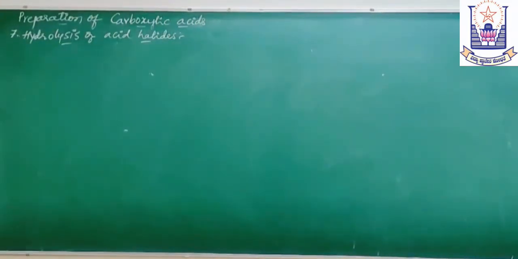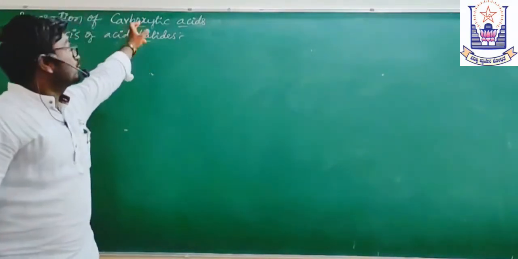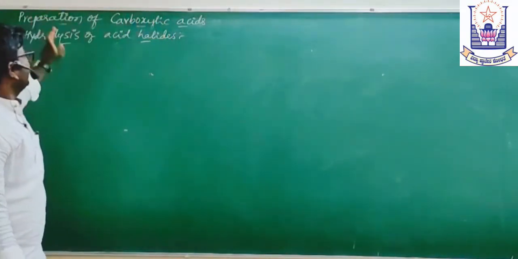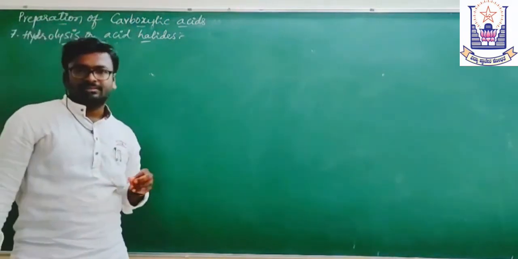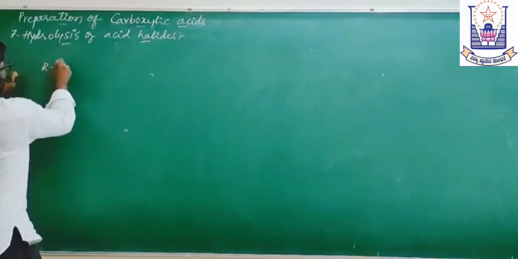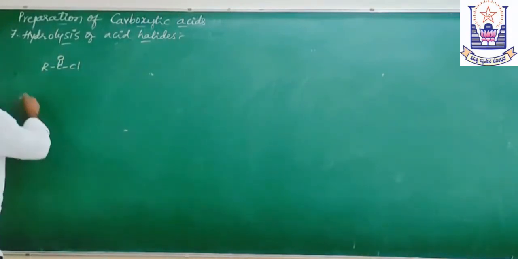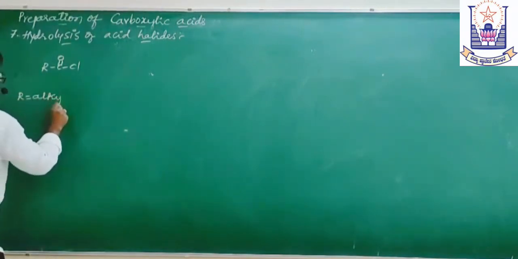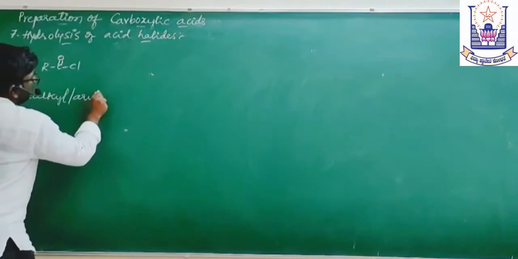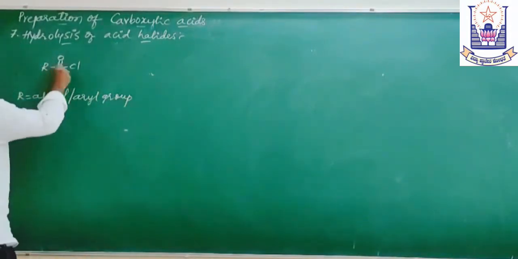The 7th one is conversion of acid halides to carboxylic acid, again on hydrolysis. Let us take an example: RCOCl, where R may be an alkyl or aryl group. What is this?